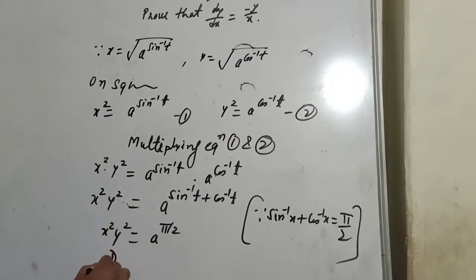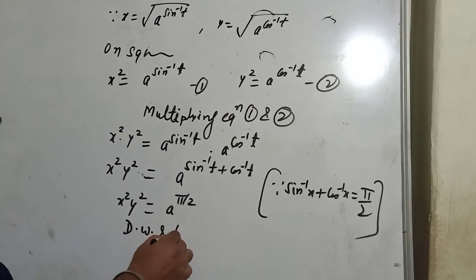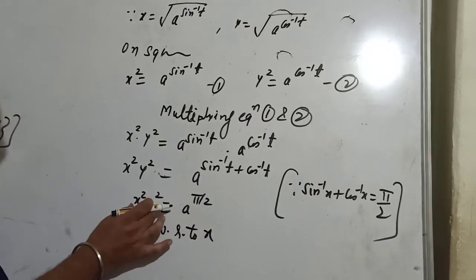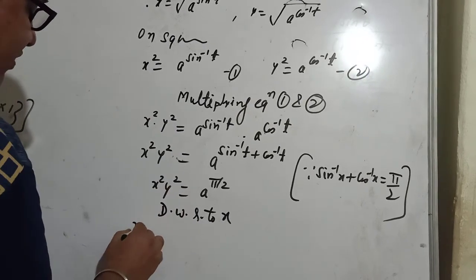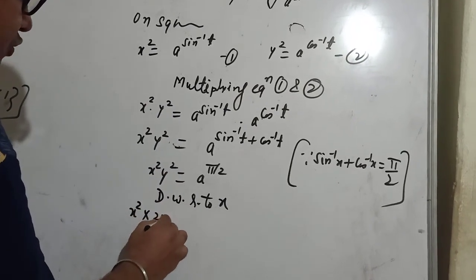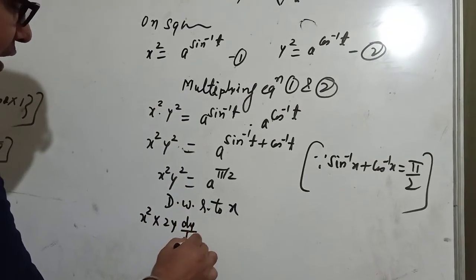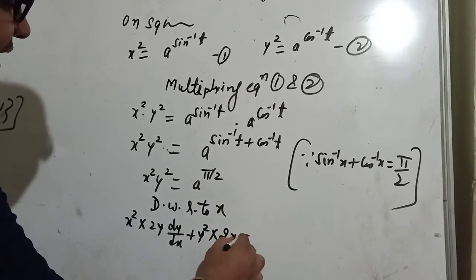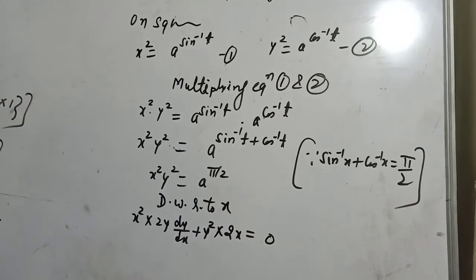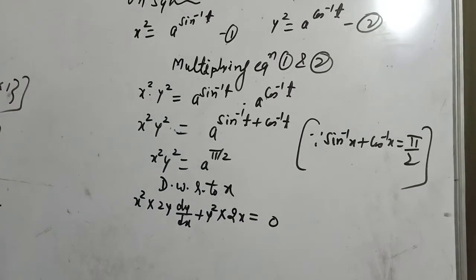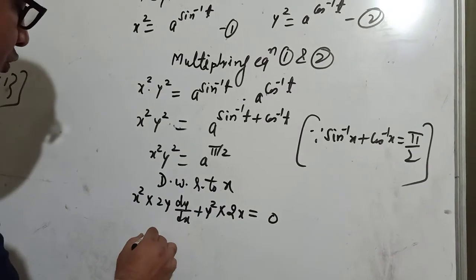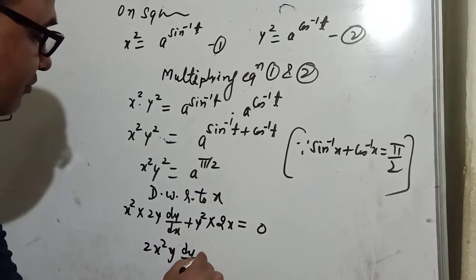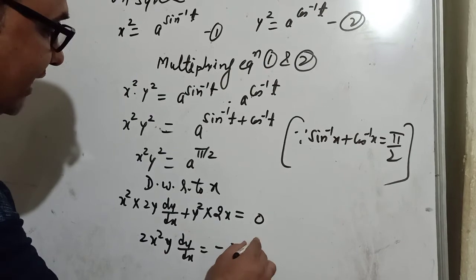Now differentiating with respect to x, because there is no t, we can differentiate with respect to x. We have to apply the product rule here. x square constant, differentiation of y square is 2y dy by dx. Now y square constant, differentiation of x square is 2x, and the right hand side is a constant, not a function of x, so differentiation is 0. 2x square y dy by dx equal to minus 2xy square.